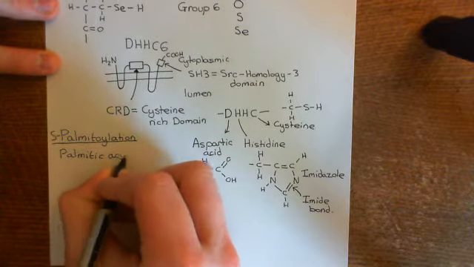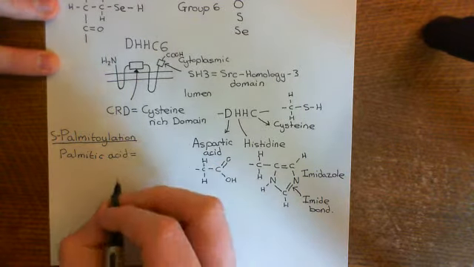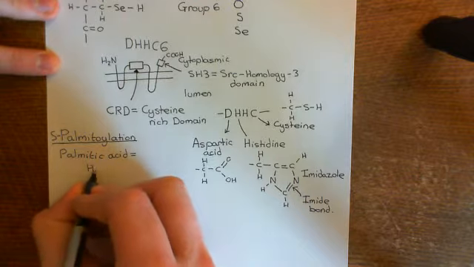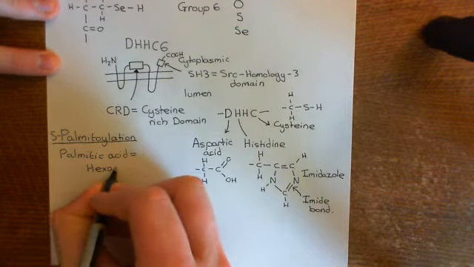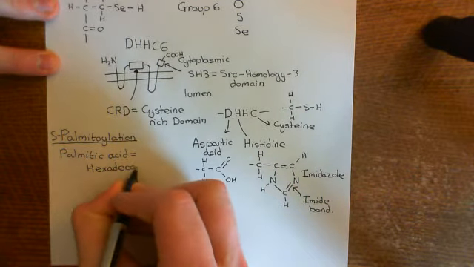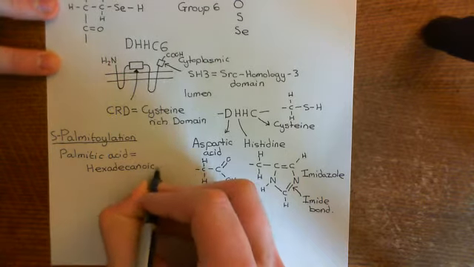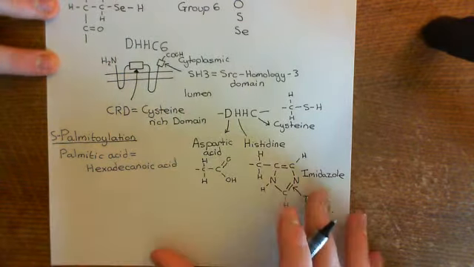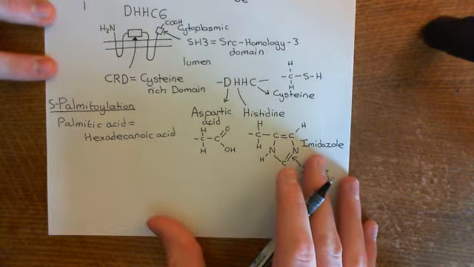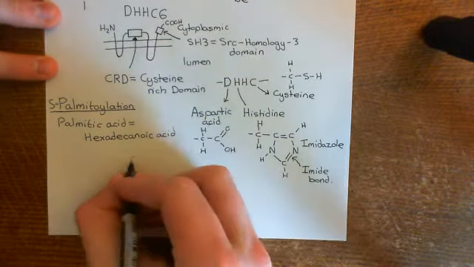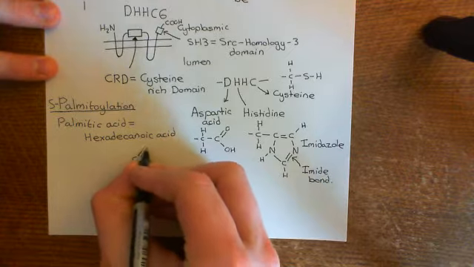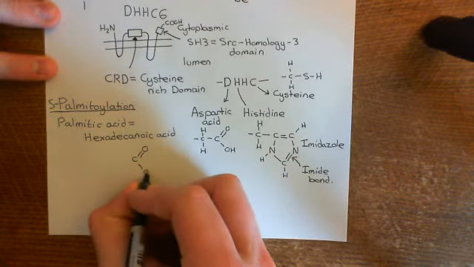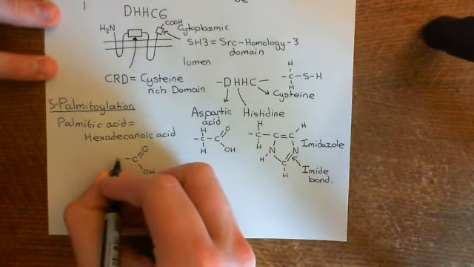Okay, so palmitic acid is the old biochemist's name for a molecule that chemists would now call hexadecanoic acid. Okay, and although hexadecanoic acid is longer, it is a useful name because it tells you exactly what this molecule is now. It's a 16-carbon carboxylic acid where the whole structure is saturated, basically.